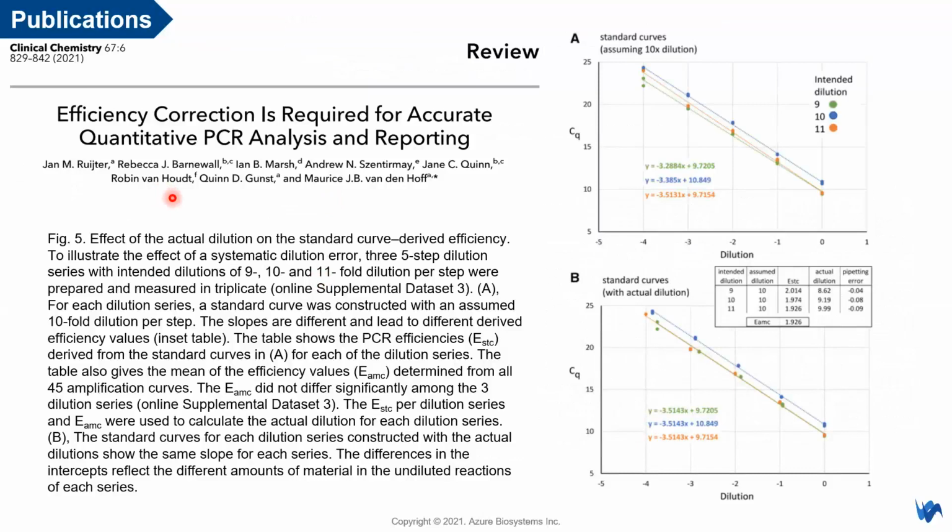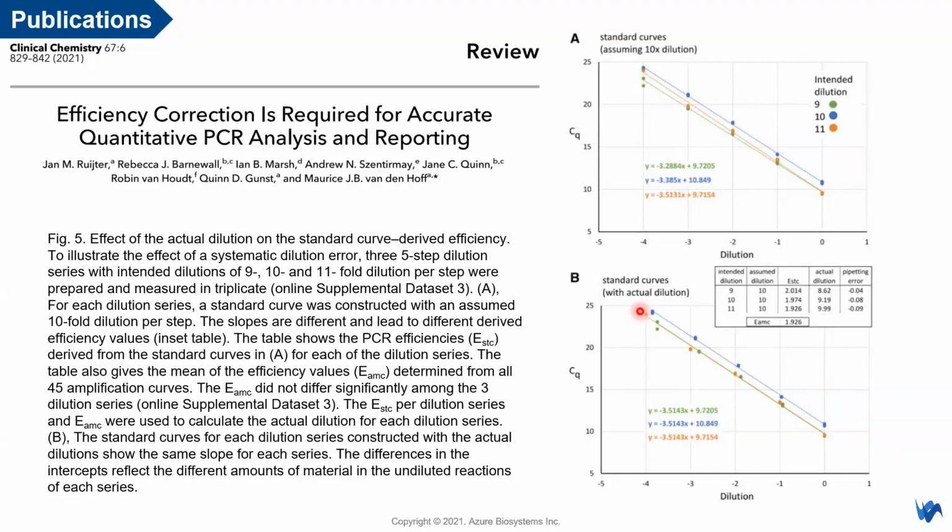So here we say that you have a standard curve plotted based on the dilution series, and the standard curve looks nice. But when they actually plot the actual dilution, they get it from the amplification curve itself instead of the dilution series that you assume, because of, I would say, human pipetting error and even the qPCR efficiency of the machine and the reaction itself. Right.